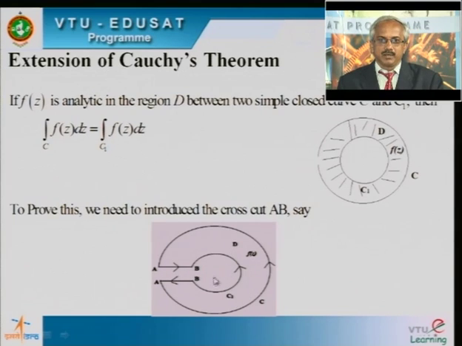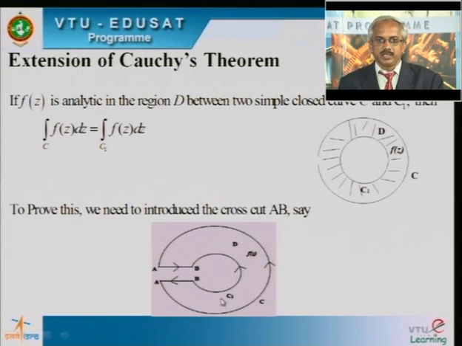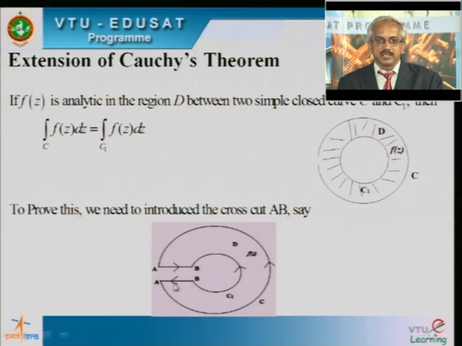Here we observe that this curve has the positive orientation like this, and inside I have also taken the positive orientation like this. Now the curve is cut. After cutting, this is AB and this is AB.